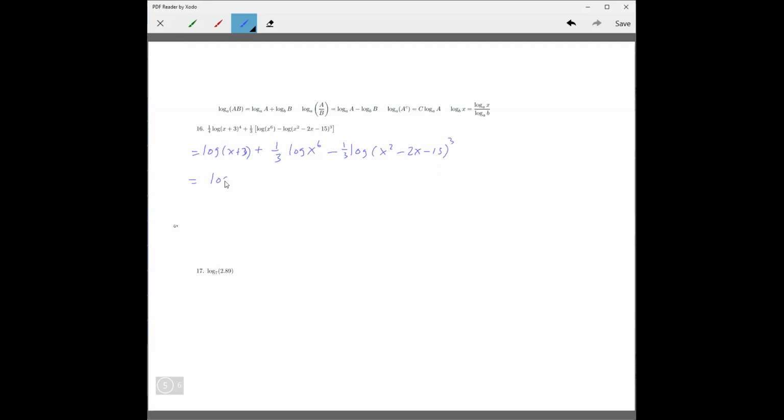Okay, now, this 1/3 goes up here. So 1/3 times 6 is 2. And this 1/3 goes up here, and that's 1/3 times 3 is just 1. So it's just log this. Now combine everything. These are pluses, so they go in the numerator.